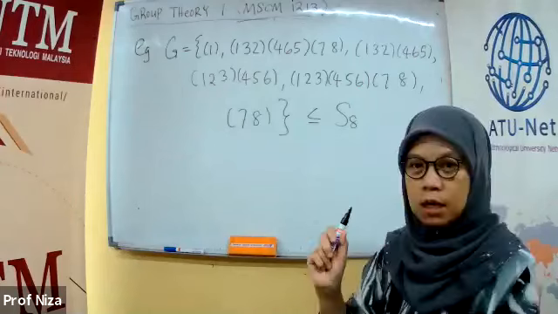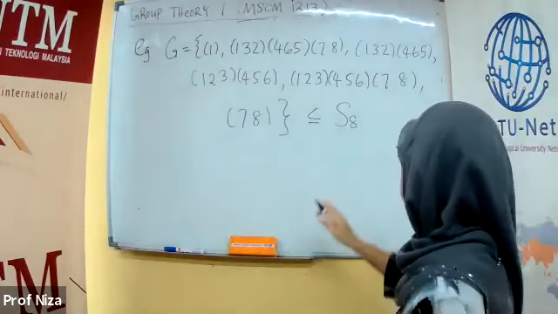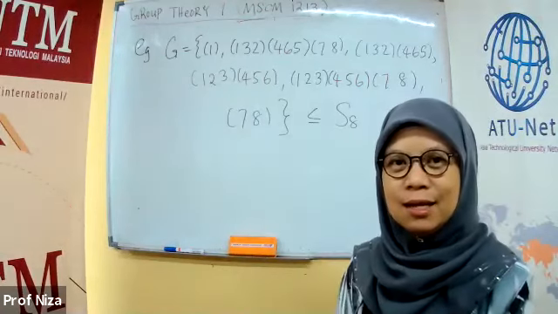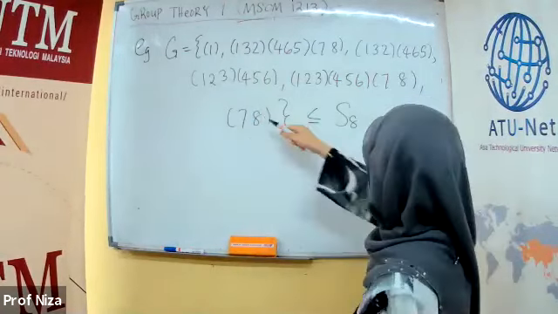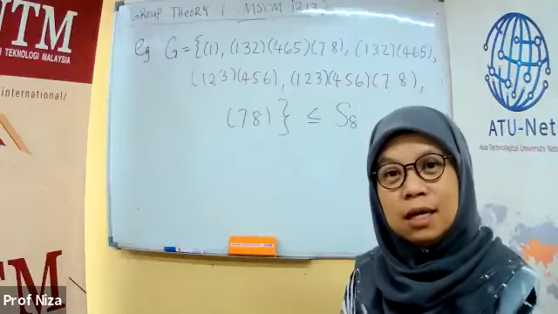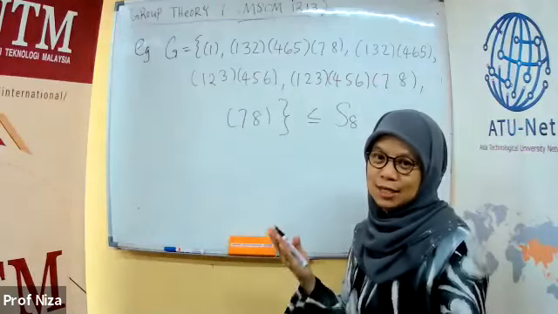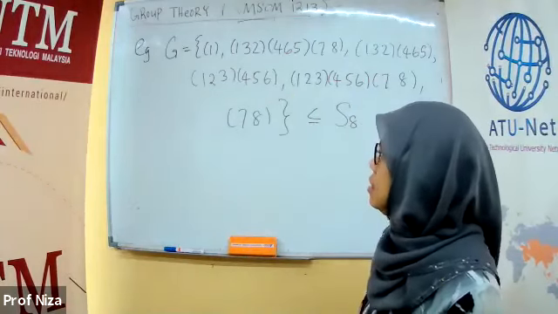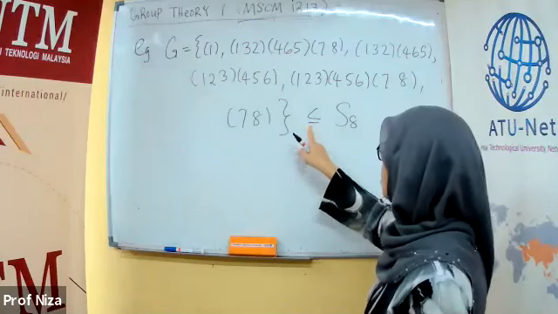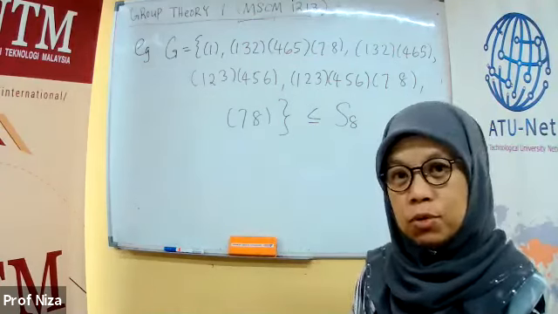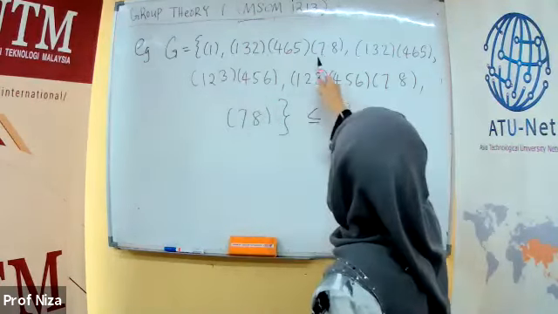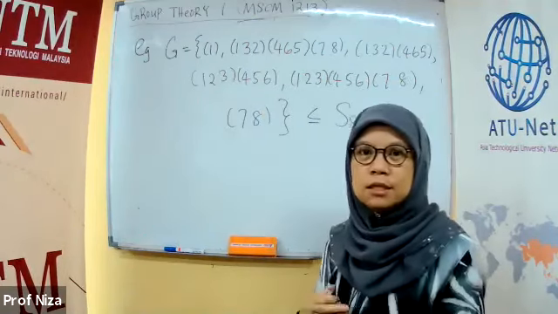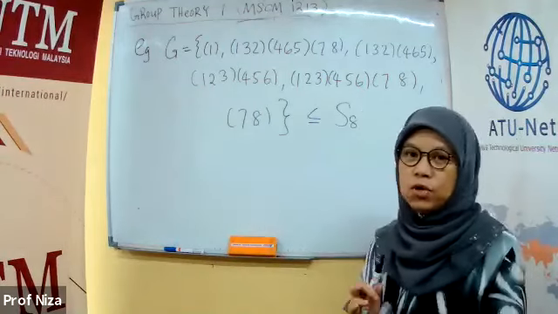Okay, you are given a G, a subset of S8. How do I know it's S8? Maybe the highest number is 8, but I could also say it's S10, right? But this is given, and given this is a subgroup of S8 of order 6.